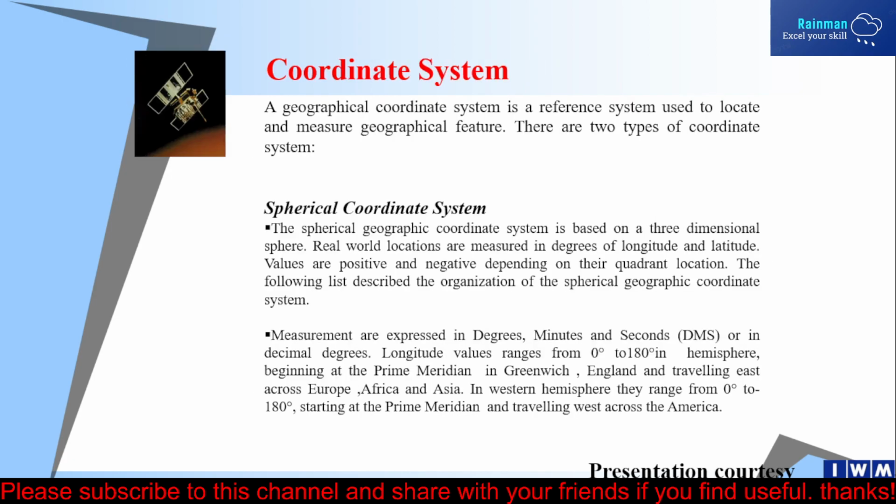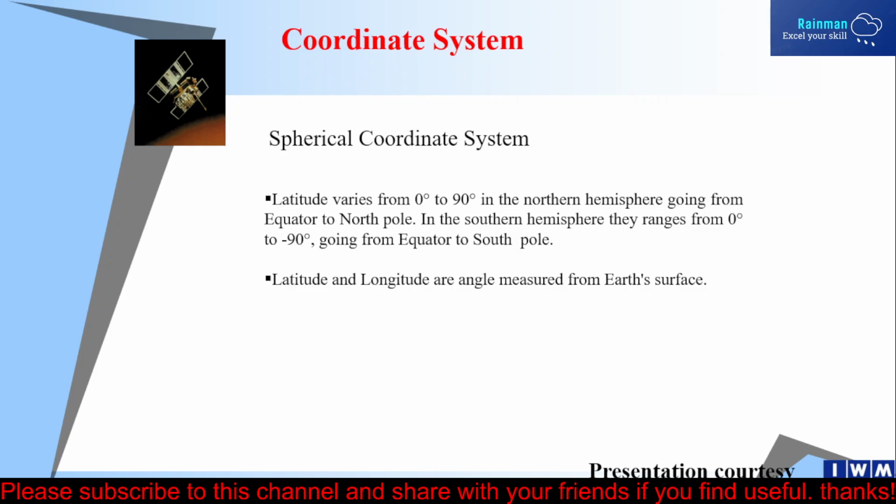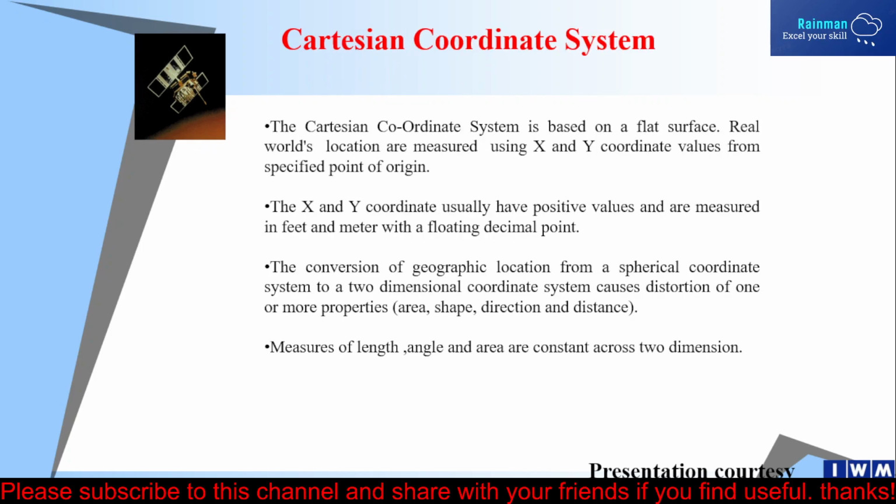I have already discussed this one, and the Cartesian coordinate system. We all know what the Cartesian coordinate system is. It's a plane coordinate system. In class 9, 10 or 11 in school we have learned it.